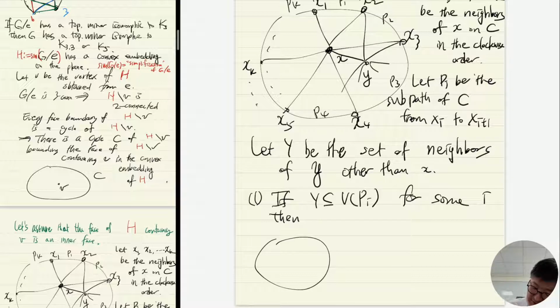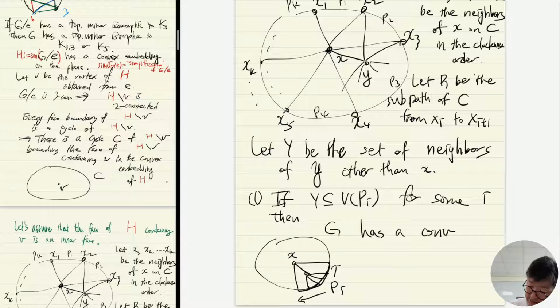You have an X here, and in some interval all the neighbors of Y exist, then you can split like this. Then G has a convex embedding on the plane.